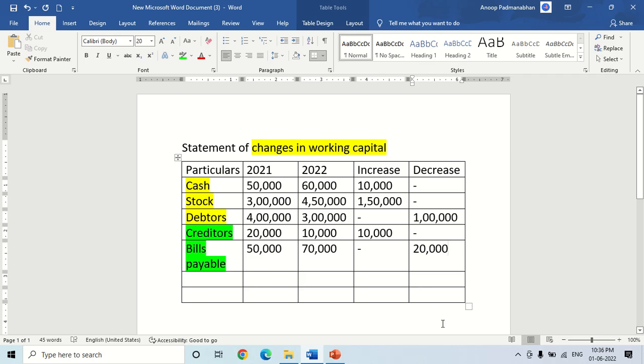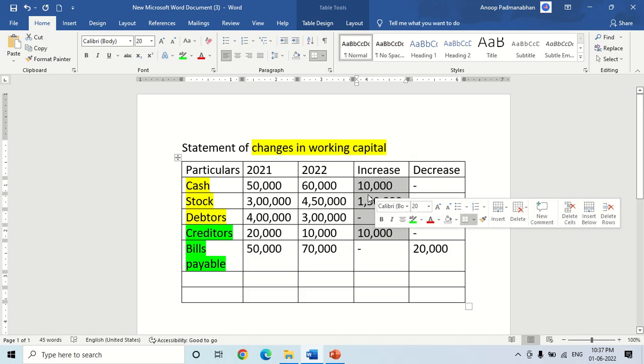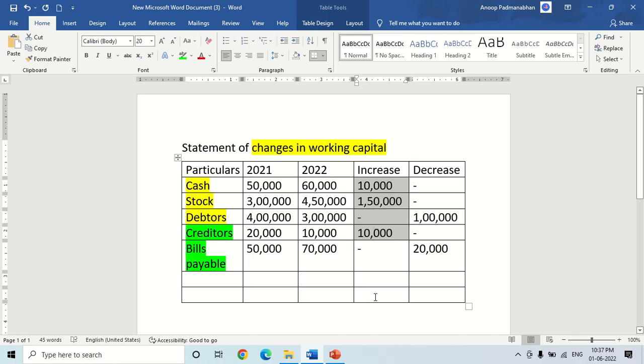Now when we do the balancing figure, these last two columns are very important. It is just like how you balance a ledger. When we take the total of these two columns, which column is having the highest value? Increase column is having the highest value. 1,70,000 you will be getting.